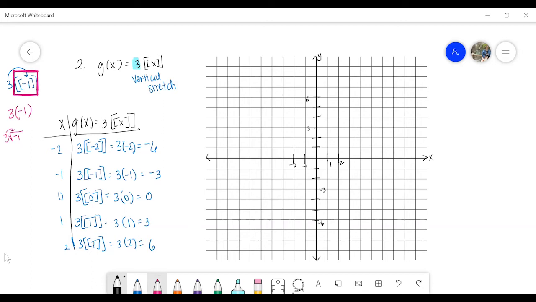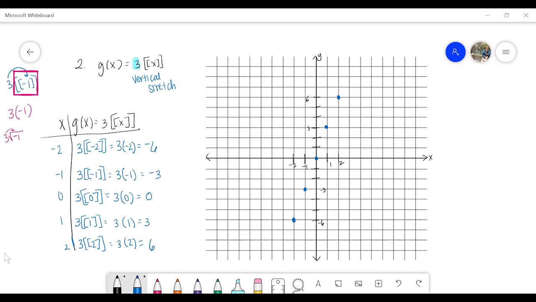So at -2, our output is down here at -6. And again, I'm just going to leave it as a point for now. -1 and -3, 0, 0, 1, 3, and 2, 6. So again, could be mistaken for a straight line, but we know because we've practiced it is not just a straight line. Make sure you're very, very clear on that. You will not get points if this shows up as a straight line, okay?